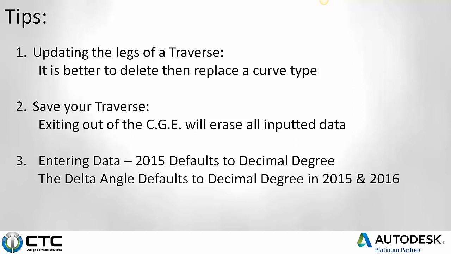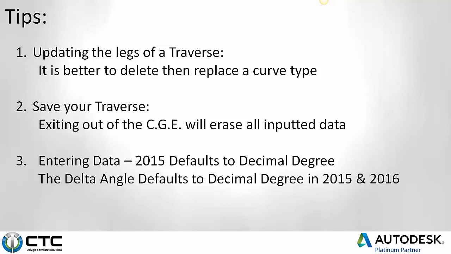In 2016, I can just put in north 0.0004 east, and it will know it's degrees, minutes, seconds. So for the line types, again, 2015 or earlier, it recognizes it as decimal degree. 2016, if you put the northeasterly, the N at the beginning, the E at the end, it will recognize it as degrees, minutes, seconds.